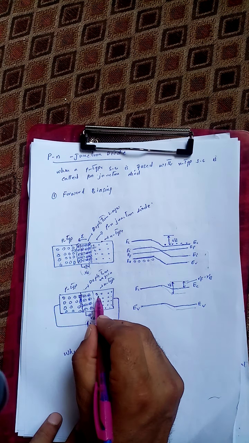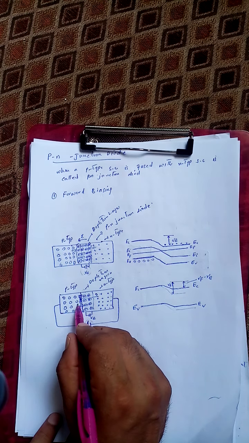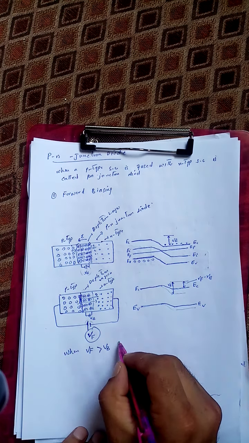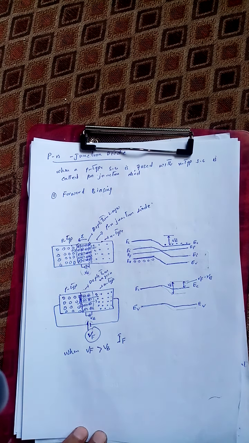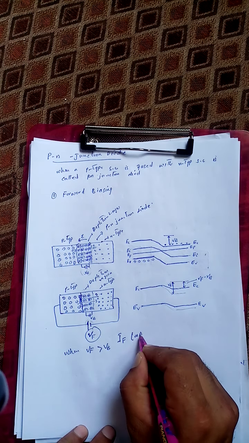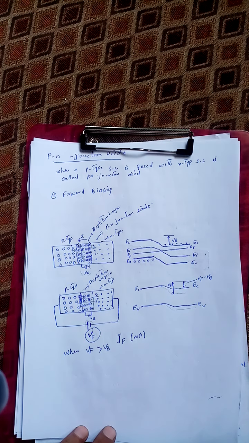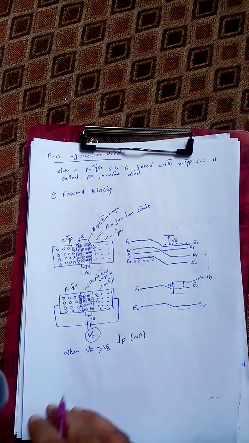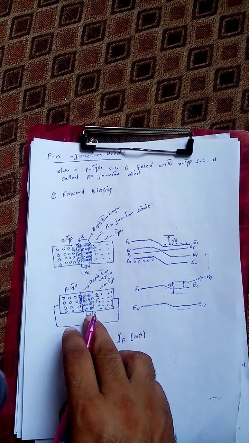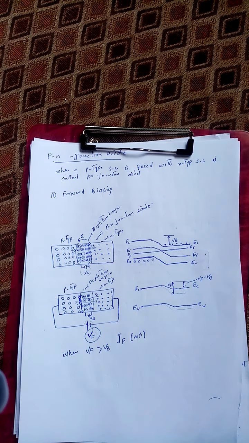Electrons will move to the right and holes move to the left, and we have a current which is called forward current, If. The magnitude of this forward current is usually in milliamperes, and the resistance of the p-n junction is low when we have forward biasing. So this is all about forward biasing.